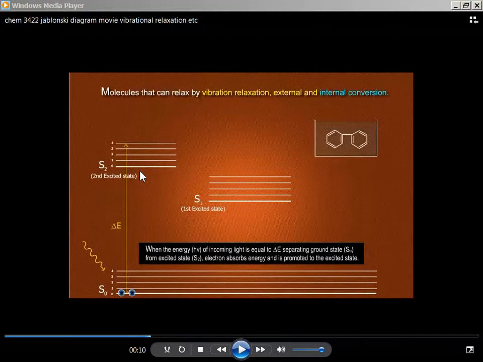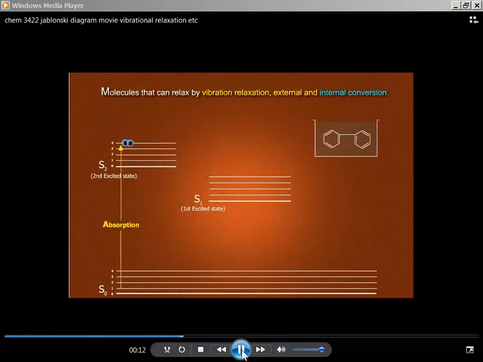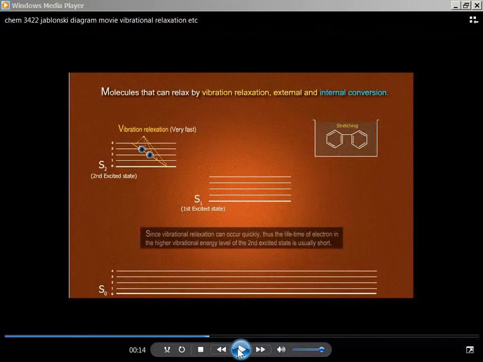The orbital kind of thing. And then the molecule gets excited to some vibrational state, right? Because there's your vibrational energy ladder. So see, it's doing the stretching, bending.